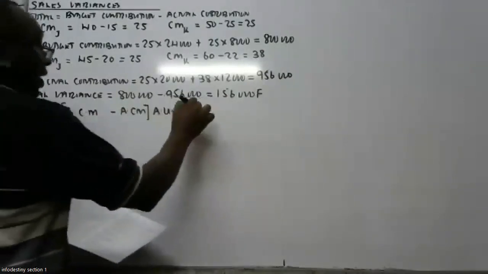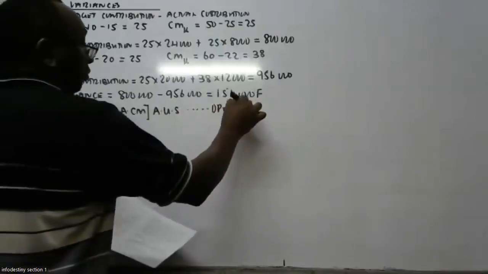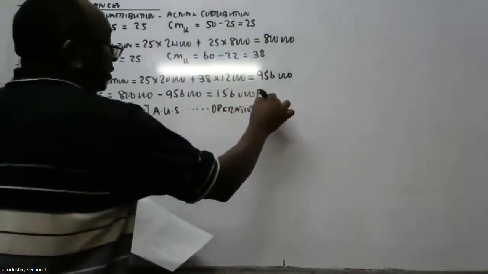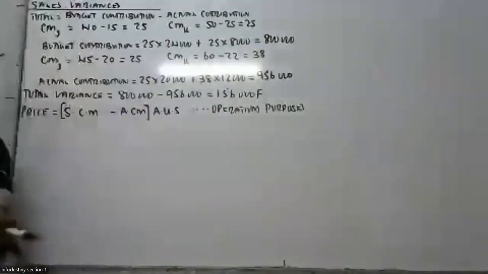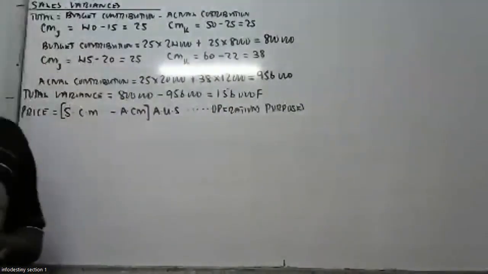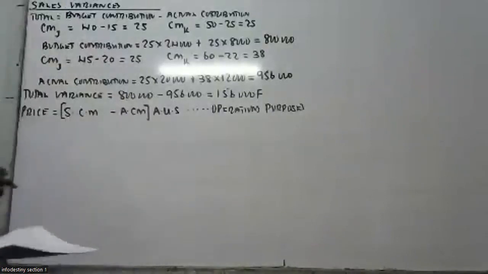And this one, maybe I can specify, is for operations purposes. When we talk about operations purposes, we are referring to when you want to measure whether your operations are effective, whether you are doing a good job or not.